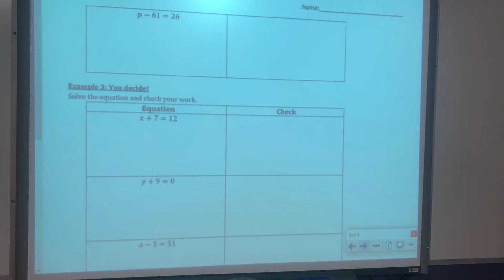All right, p minus 61 equals 26. Go ahead and try this one on your own.